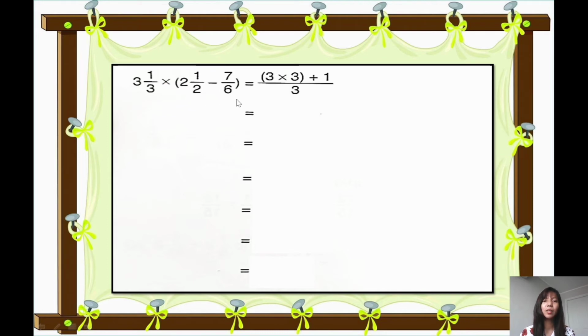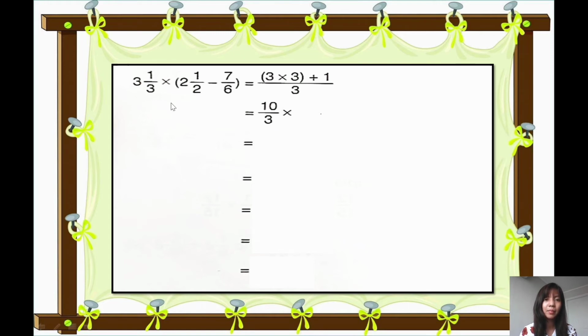Since this one is a mixed number, you have to convert this into an improper fraction. So 3 times 3 plus 1 over 3, and then times, okay, so 3 times 3, 9 plus 1, 10 over 3.